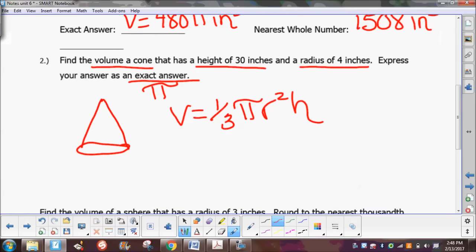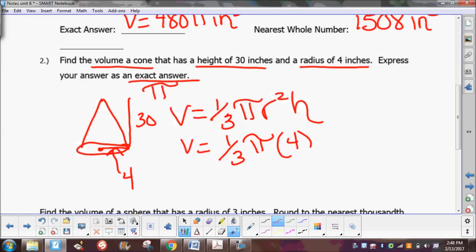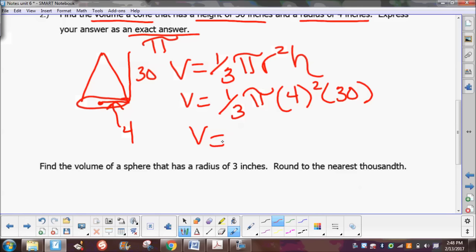We know that the height of this cone is 30 and the radius is 4. So 1/3 pi r squared times 30. An exact answer, so don't use the pi key. We're going to go to our calculators and type in 4 squared times 30, and then divide that by 3.